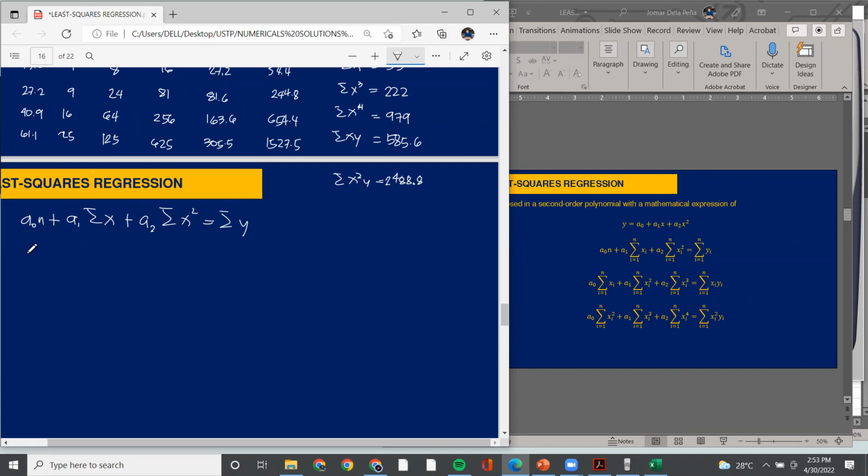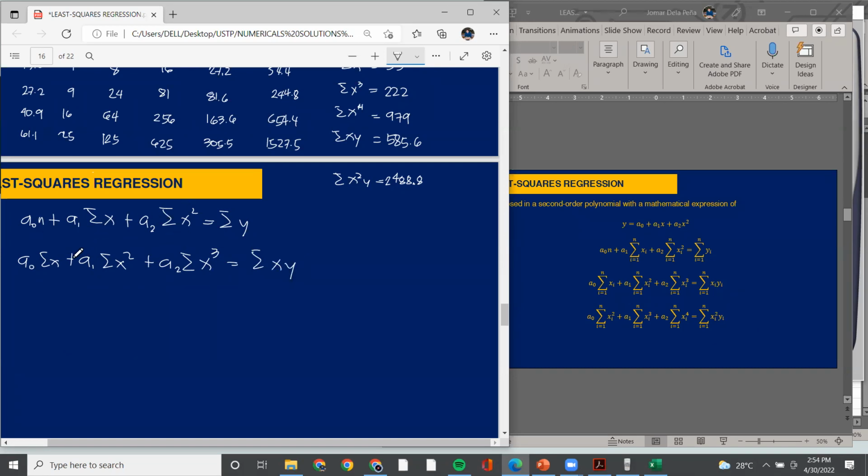Next is a sub 0 summation of x plus a sub 1 summation of x squared plus a sub 2 summation of x cubed equal to summation of xy.